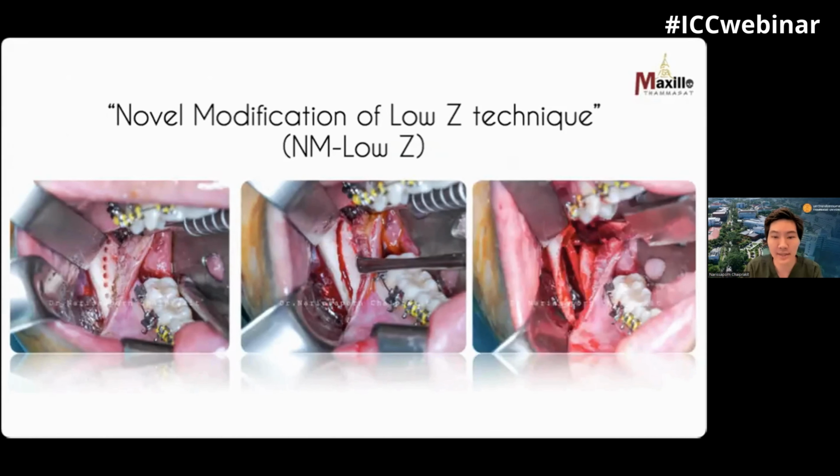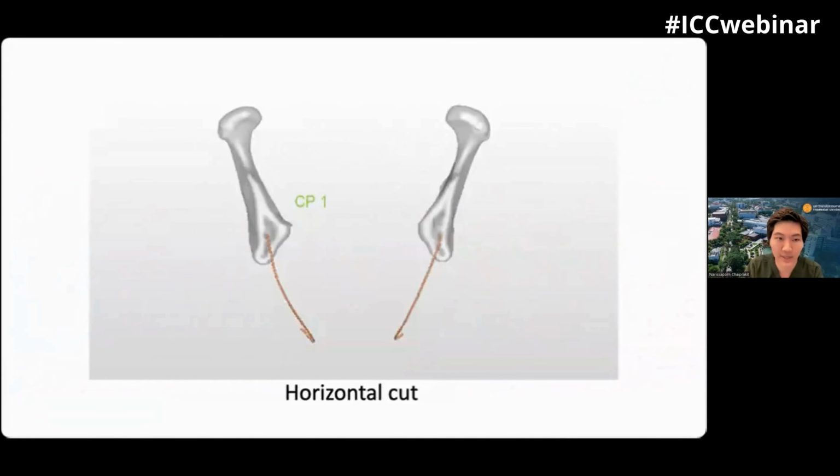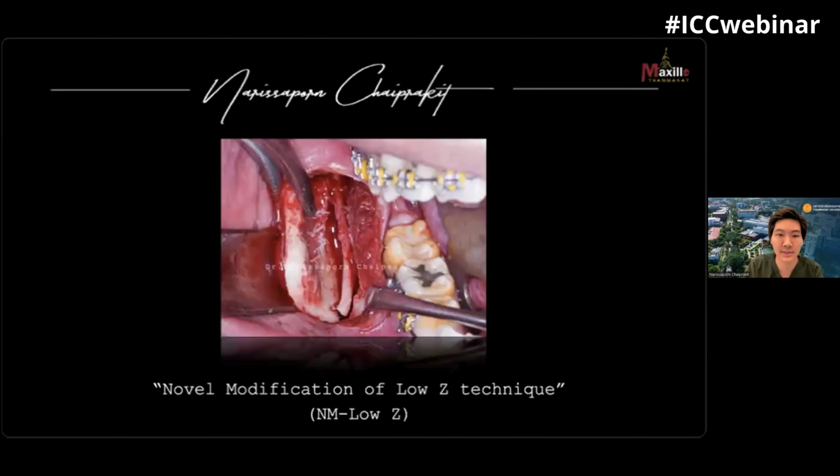After splitting the mandible into proximal and distal segments, the inferior alveolar nerve should be identified and preserved. The inferior alveolar nerve can be pre-examined and localized by CBCT or CT and 3D planning like this.